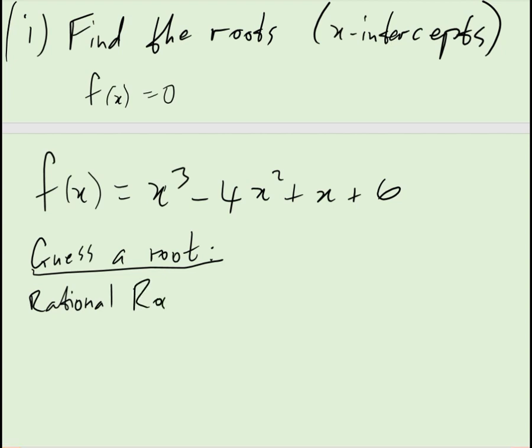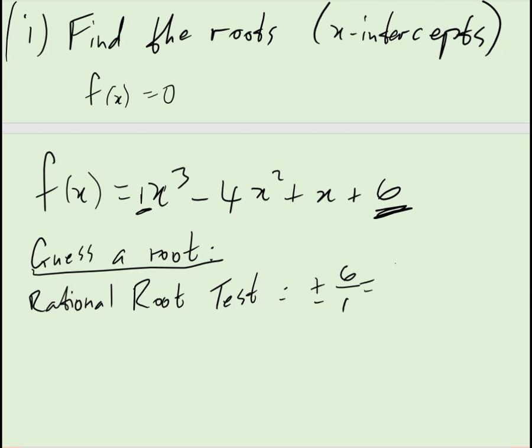The rational root test gives us good candidates for guessing. So what we do is we take this value here, 6, and the leading coefficient, which is 1, and we consider all factors of 6 over 1, plus or minus.